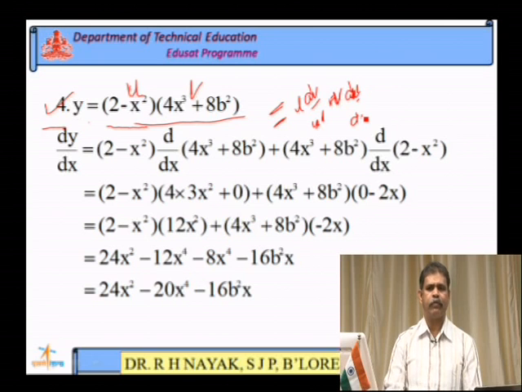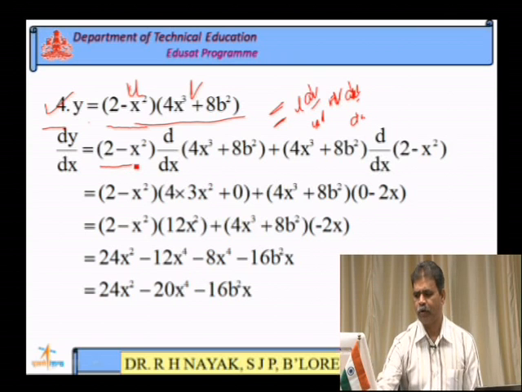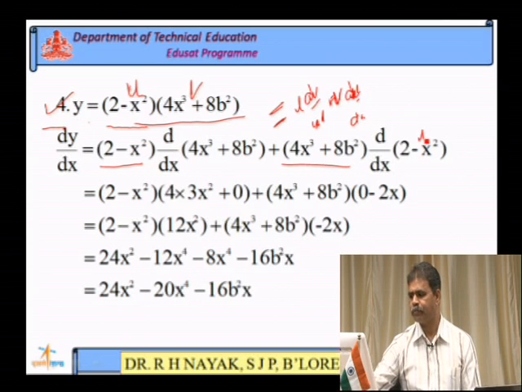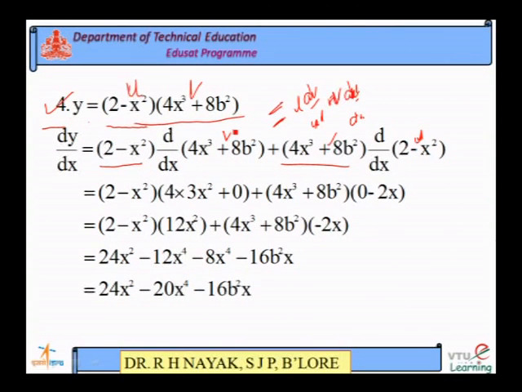According to that, the first one is u, the second one is v. Keep u as it is, differentiate v. What is v? 4x cube plus 8b square. Plus keep v as it is, differentiate u.